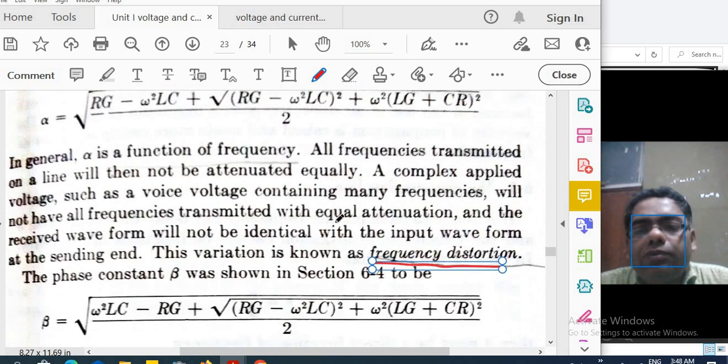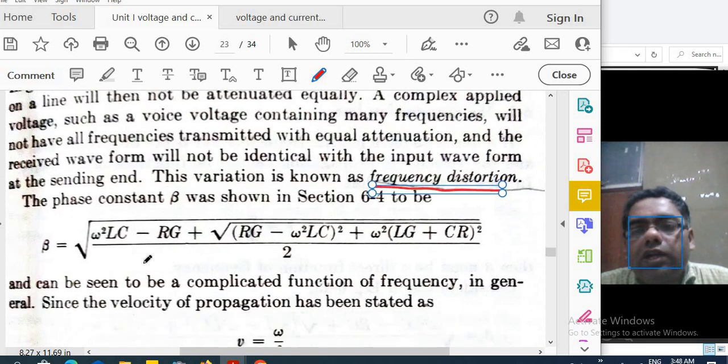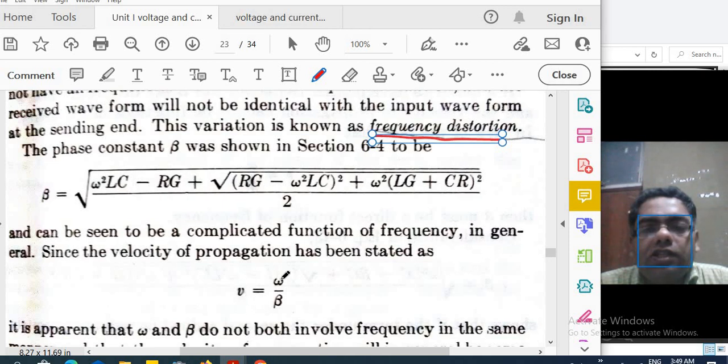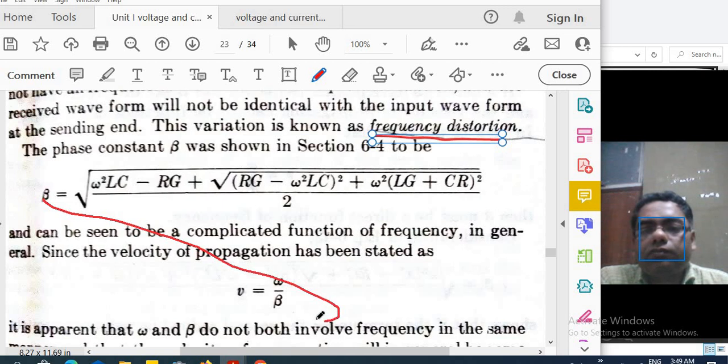This type of distortion is called frequency distortion. Now another type of distortion is there. If you see the expression of beta, it is a very complex equation. Velocity is given by omega by beta, so if you put the beta expression here, you see that velocity becomes a complex function of frequency. That means different frequency components will travel through the transmission line with different velocity.